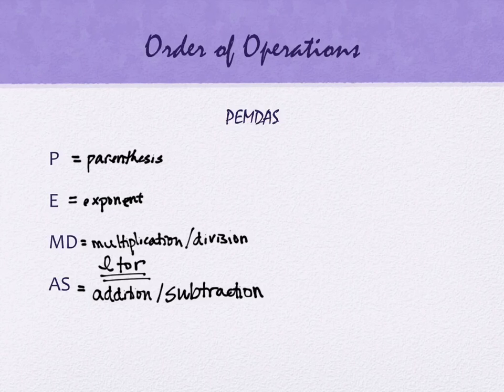So instead of saying PEMDAS, it really could say PEDMSA. I can't even say it right. Like, this is legit. There is no order between the addition and subtraction that says addition has to happen before subtraction. What you do need to know, though, again, is that you go from left to right.